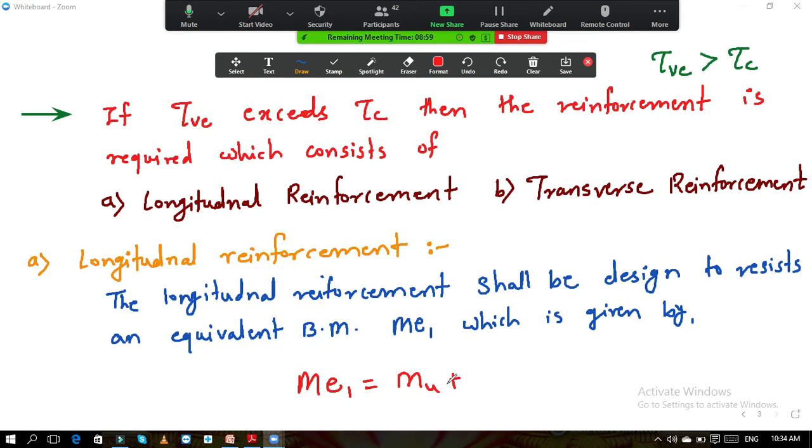So the longitudinal reinforcement shall be designed for this ME1 is equal to MU plus MT.